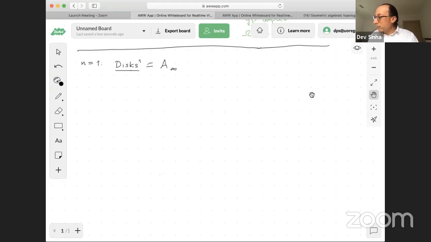The statement that it acts, and again, I haven't defined acts, but part of this is just to get ready to define that action. So what is disks one? This is a space whose elements are little intervals inside an interval, and they don't have to occur in order.